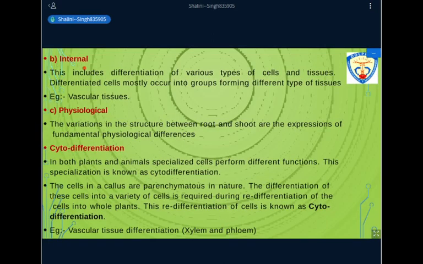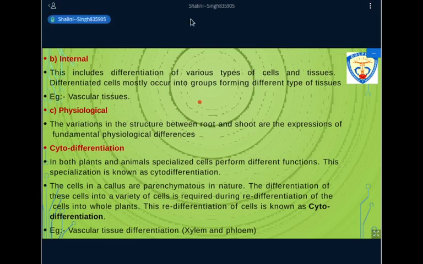And when we say internal differentiation, it includes differentiation of various types of cells and tissues. Differentiated cells mostly occur in groups forming different types of tissues like vascular tissues. When a plant is growing, then it should have development of vascular tissues in a systematic manner.